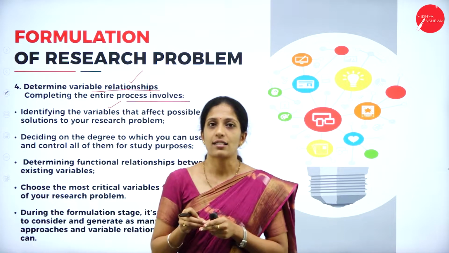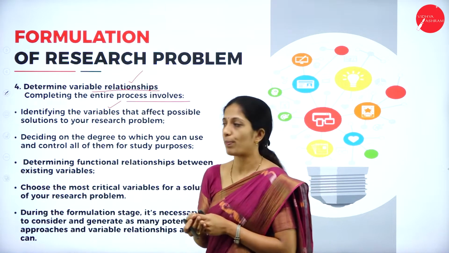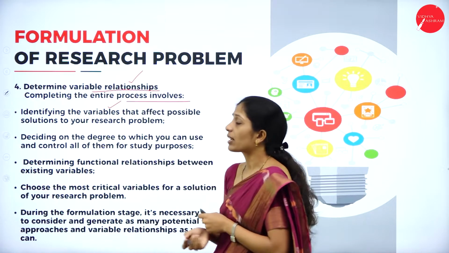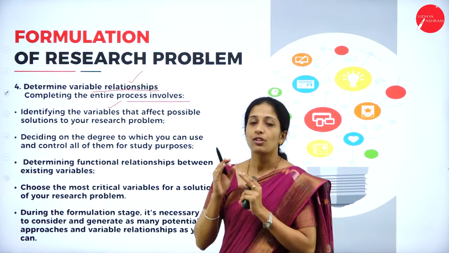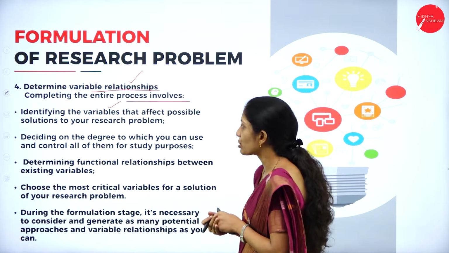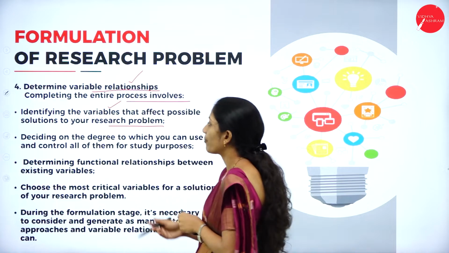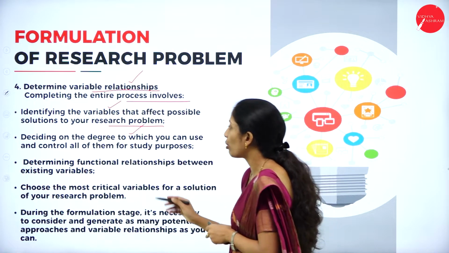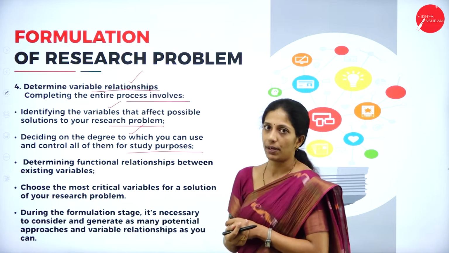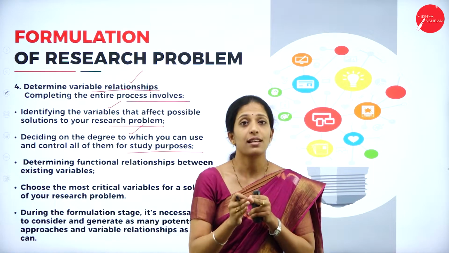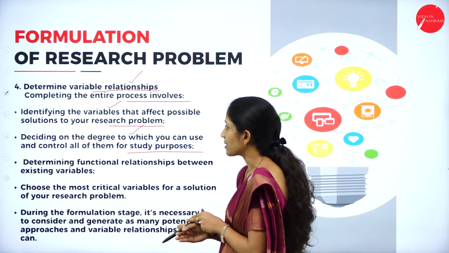In that situation, identify the variables that affect the possible solutions, and decide on the degree to which you can use and control all of them for the study purpose. So we have to collect those variables which can easily fetch you the direct answers.